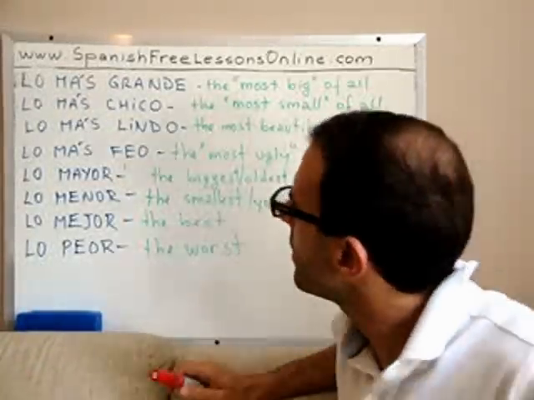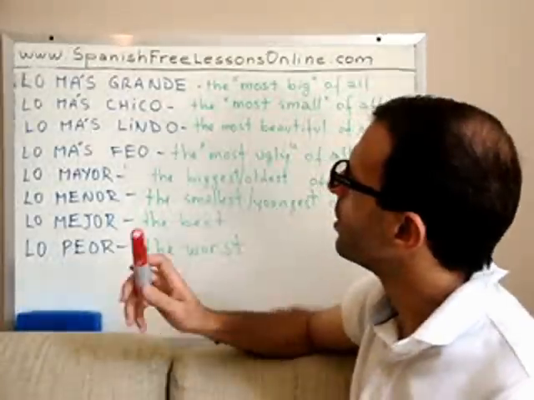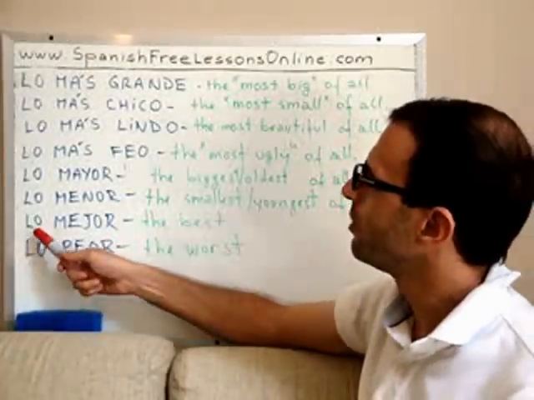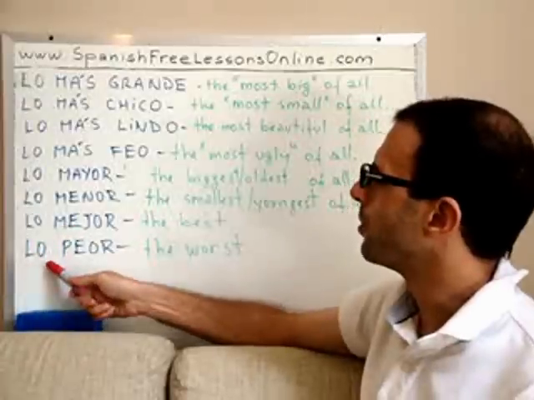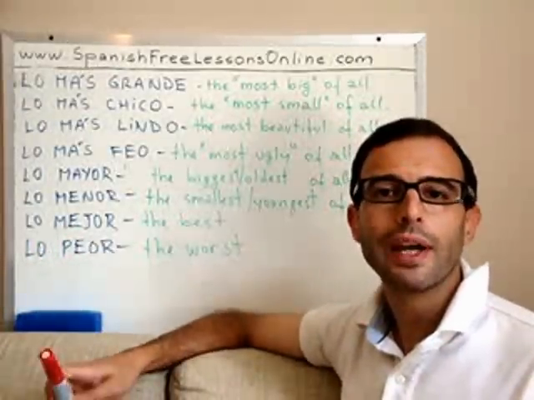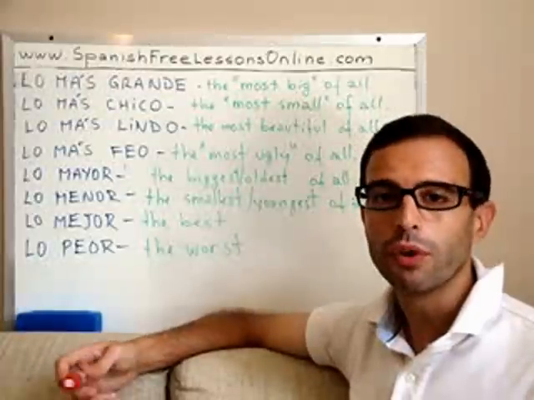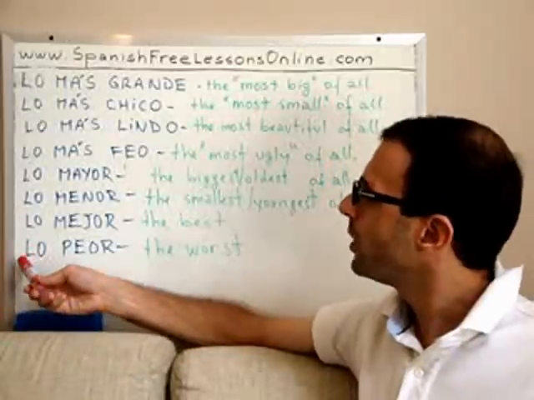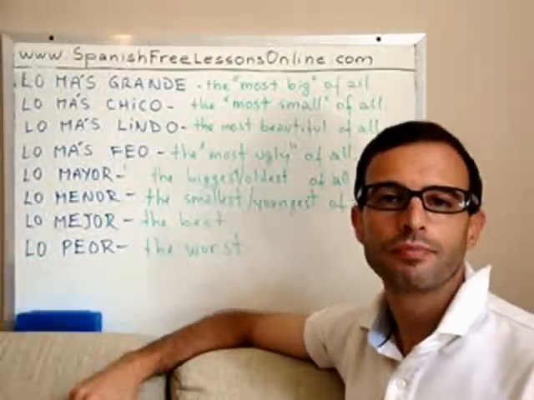Let me see. I think the best example would be if we use mejor or peor. Peor is worse. So el peor would be the worst, as we've seen in our previous class. But when do we use lo peor?